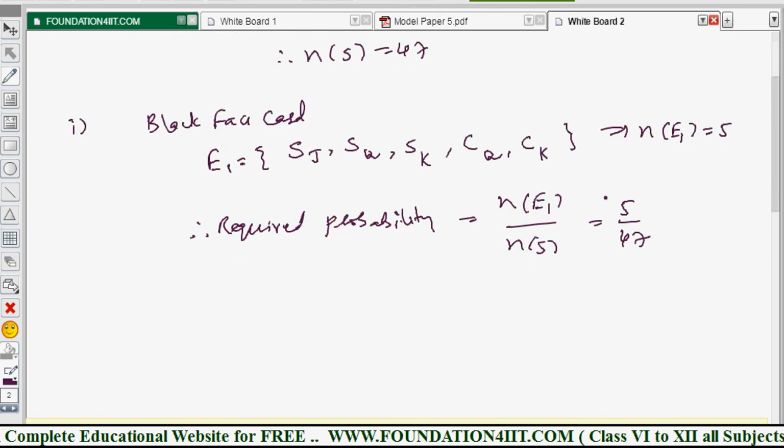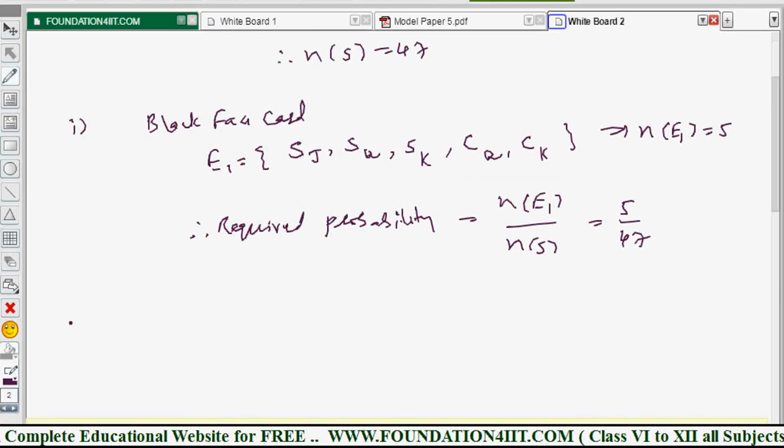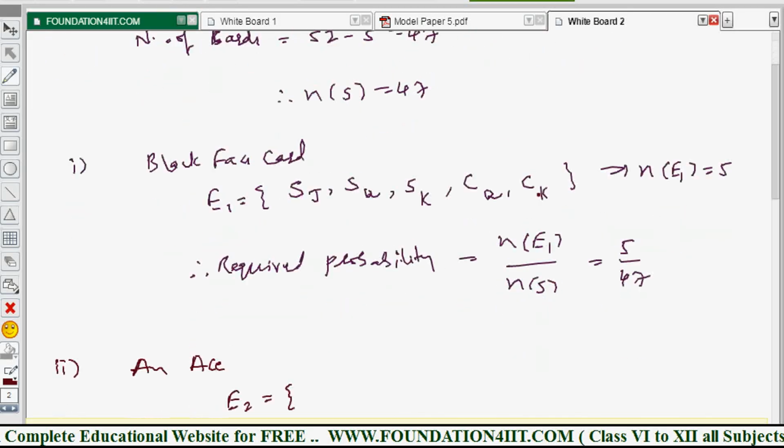Now the next question, that is given: the card drawn is an ace. Card drawn is an ace. So favorable cases we will take as an event. Among the removed cards, only the spade ace is removed from the aces.